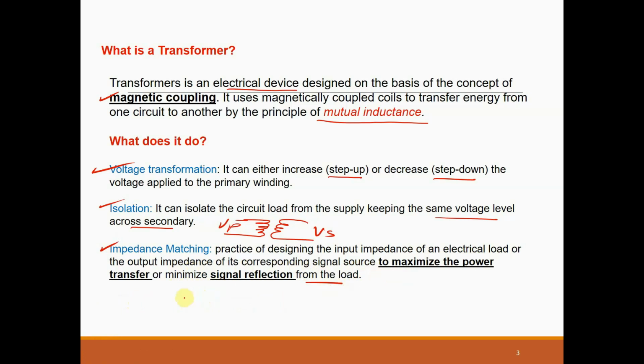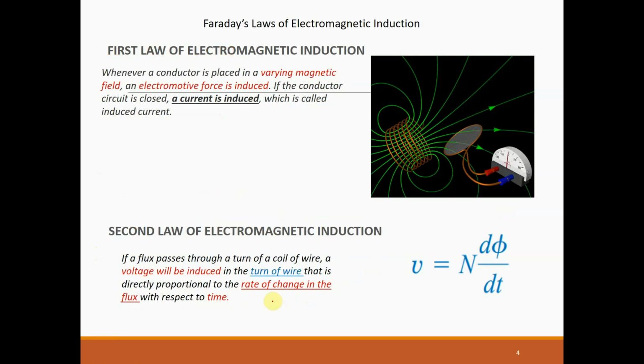Do you still remember? We have RTH, and it should be equal to the load, right, in order to obtain maximum power transfer. Okay? So transformer impedance matching is also a very important application of the transformer.